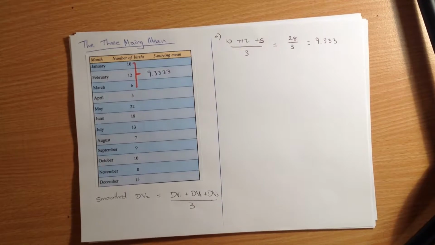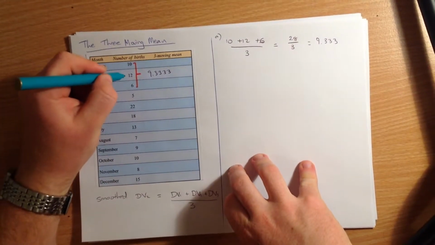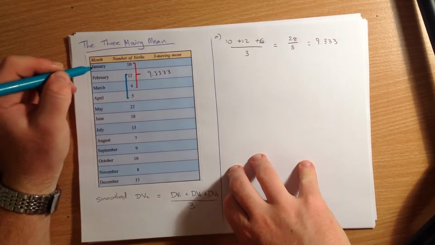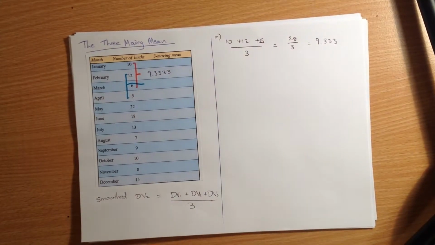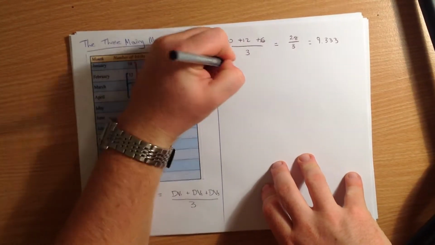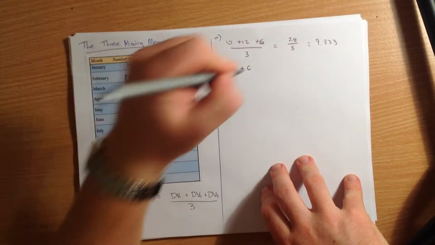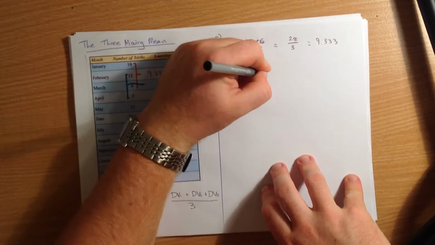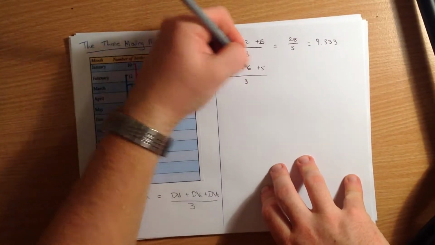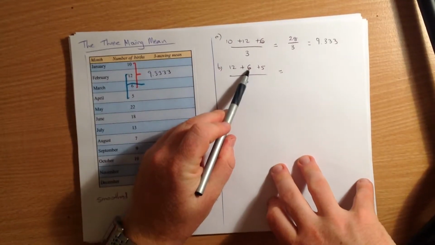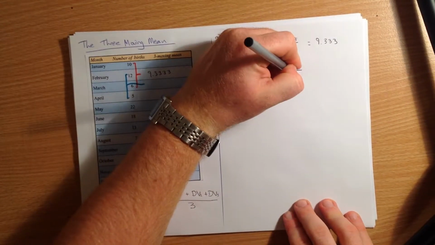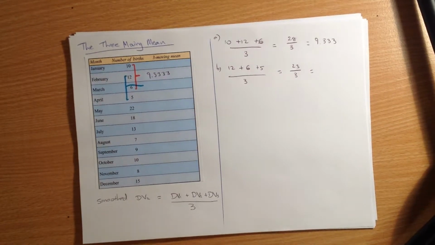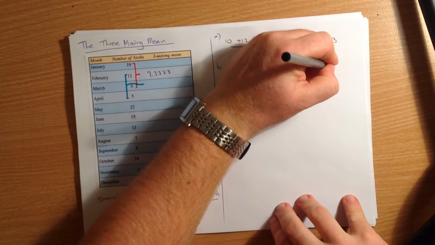But now we've got to keep that process going. We've got to smooth all of our data. So here's the next 3, 12 and 6 and 5, and we're going to smooth them across to here. We're just averaging these 3, taking the mean of these 3. So 12 plus 6 plus 5 is 3 pieces of data, so we divide by 3 to find the average. 12 and 6 is 18, plus 5 is 23, divided by 3, and 23 divided by 3 is 7.666.